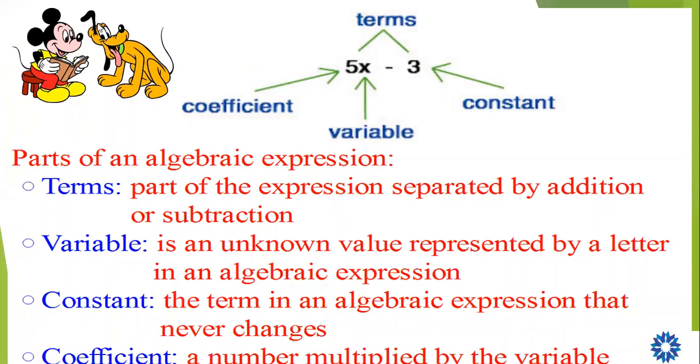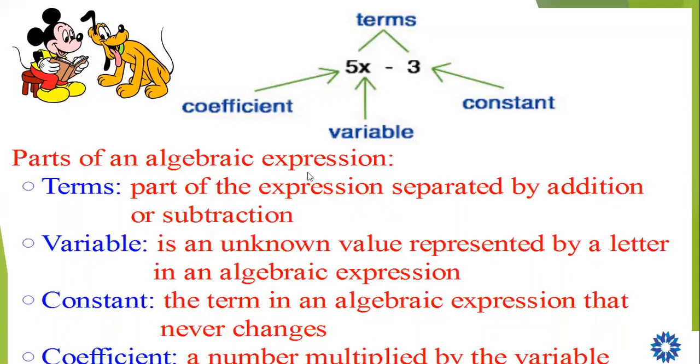Now 5x minus 3 is an algebraic expression. Terms means the parts before an operation, like before plus or before minus. Plus and minus divide the terms. So 5x is one term, 3 is another term. These two are called terms. Here x is a variable, 3 is a constant, and 5 is a coefficient.